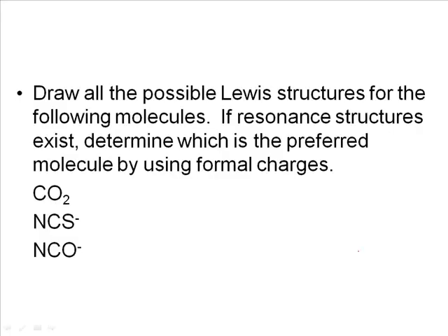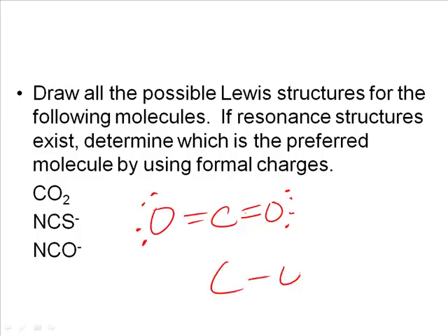Okay, so here's some different ones here. So if we do CO2, one way of drawing that is like this. Another way of drawing it is like this, with a single and a triple bond. And this one, actually, you do see that it still does obey the octet rule. Everything still has 8. But here we've got a formal charge of 0, 0, and 0.